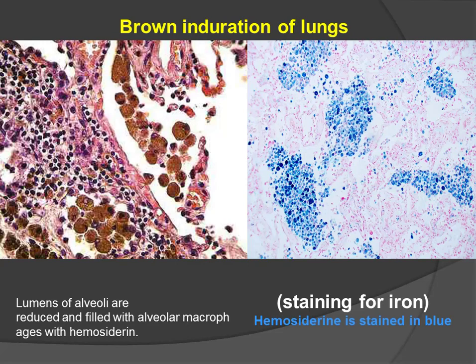The increased consistency of the lung is due to the excessive proliferation of the connective tissue in the alveolus wall. It's colored due to the accumulation of hemosiderin pigment. The decreased porosity is due to the thickening of alveolar septa because of hyperemia and sclerosis of the vessels.